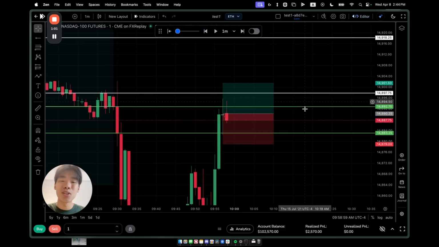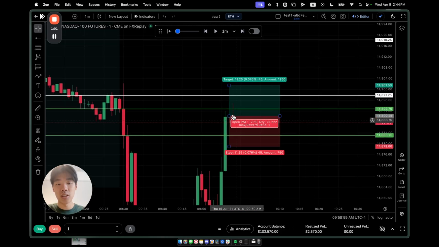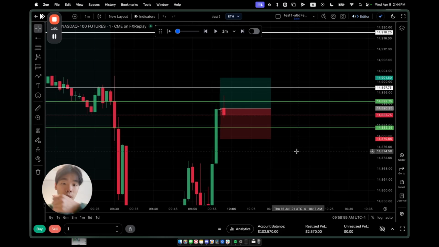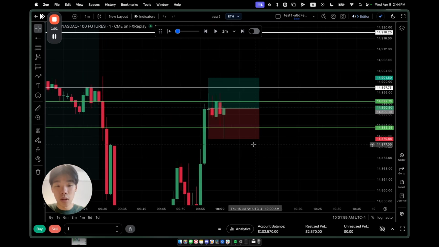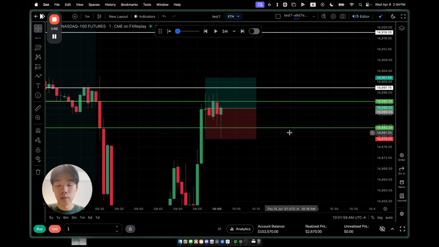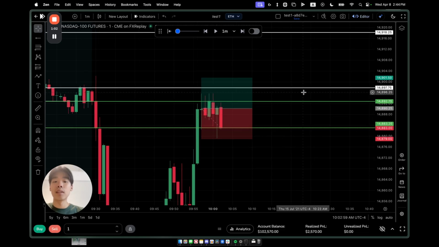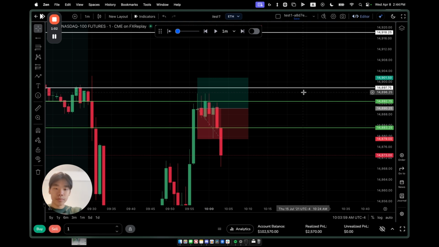Let's say I do this, but there's two levels here that are resisting against it, which you can literally see with those wicks of these last two candles. And it chops. It almost takes me out here, and it chops, right? And I would take out the trade in this moment if I was in it. And it takes me out, right? So that was a good decision to call it off.